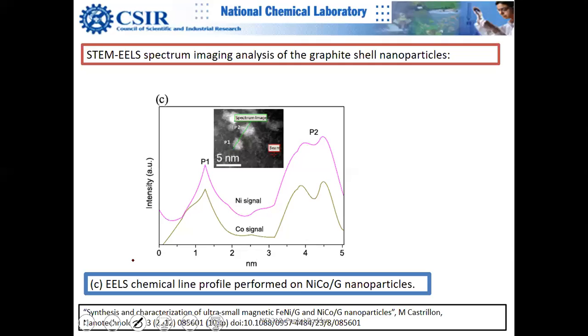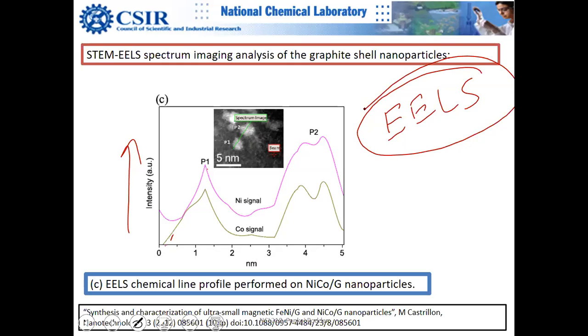Along the line scan, what you see is atomic percentage. At P1 the cobalt signal is low, then it increases and peaks at P1, then goes down, then peaks again and goes down. Similarly for nickel, and this is done in yields. Why am I emphasizing this?